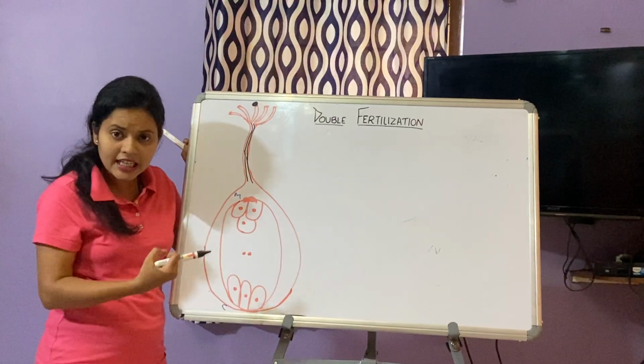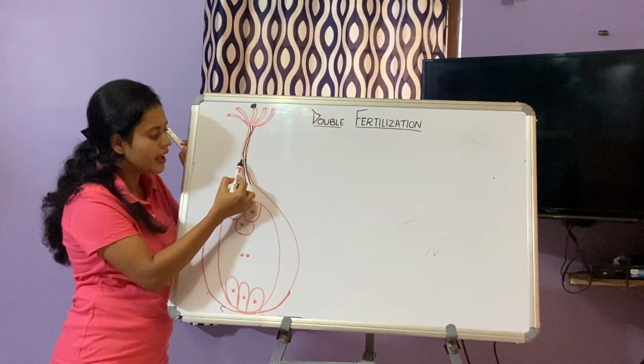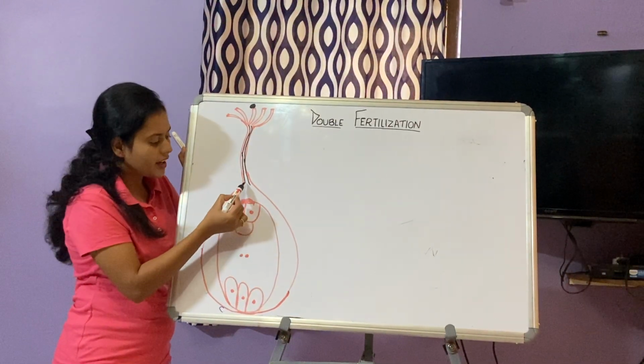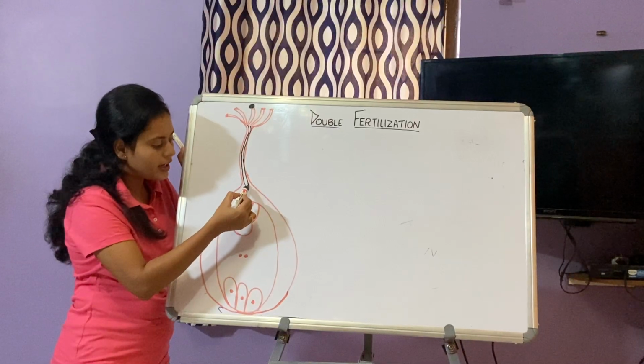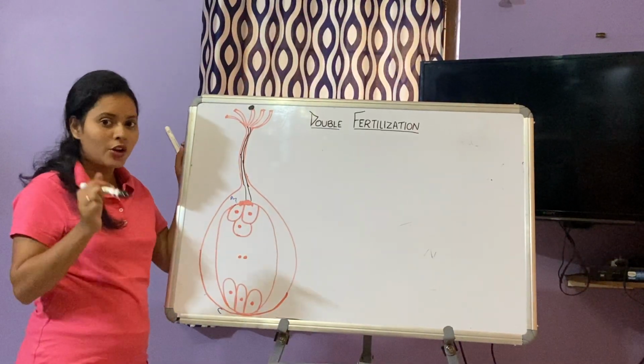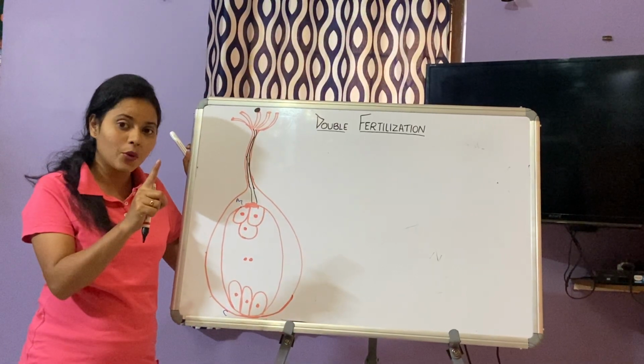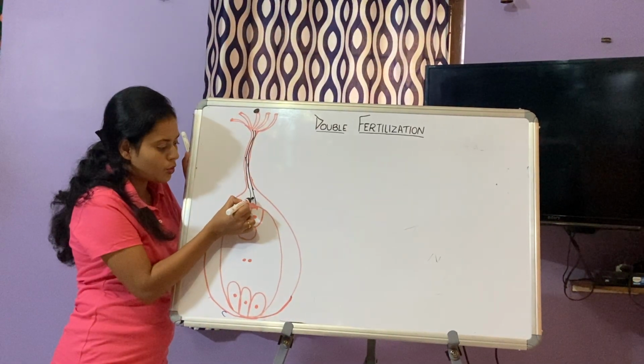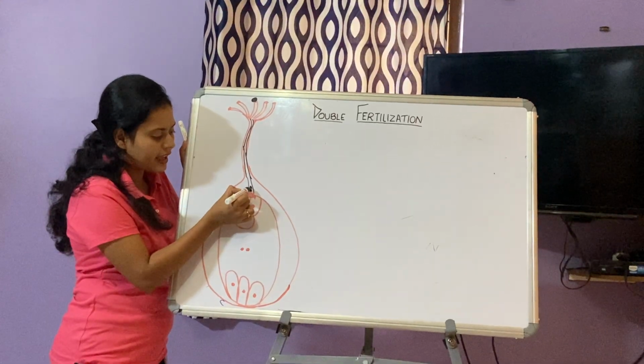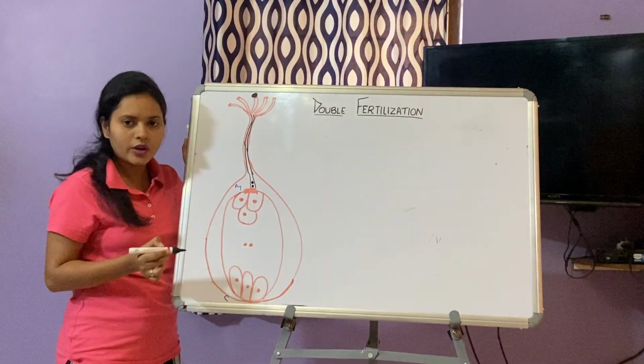And everyone knows that there are 2 male gametes, or 2 nuclei, present in a single pollen.